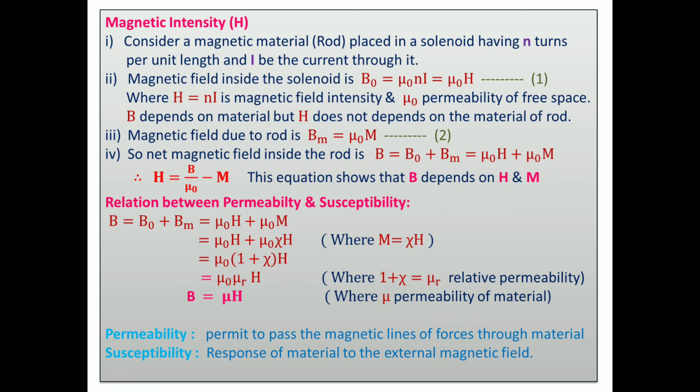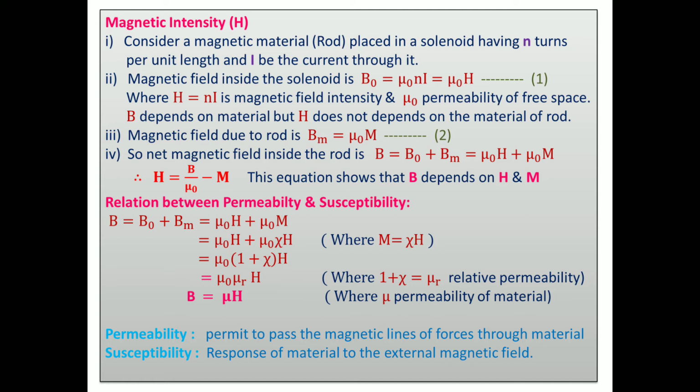Where m equals chi H, substituting it, then mu 0 (1 plus chi) H, and 1 plus chi is nothing but the relative permeability. Then mu 0 mu r H, or B equals mu H, where mu is the permeability of the material.